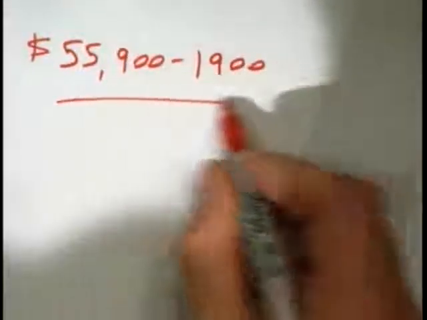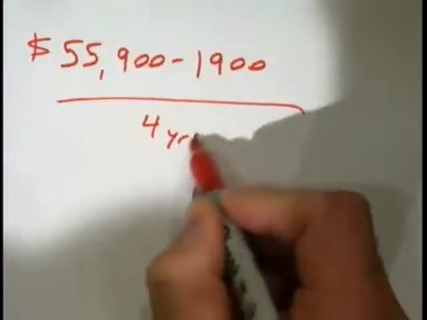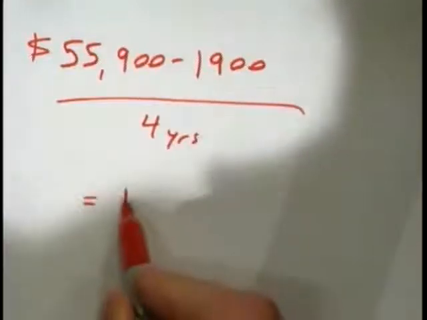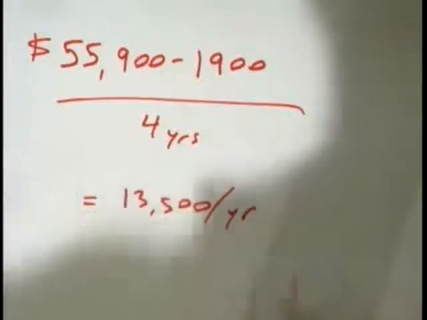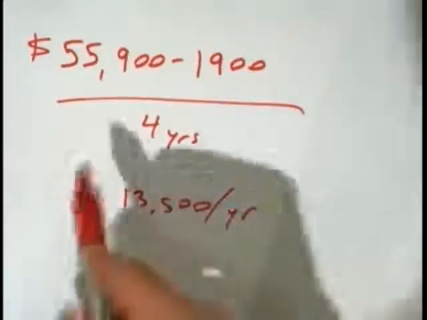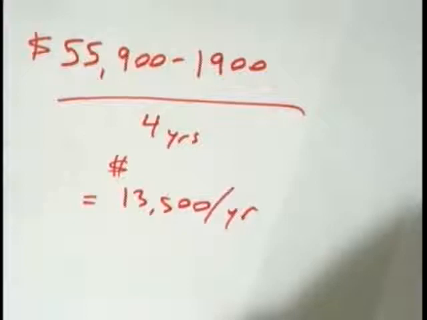And we were originally depreciating this over 4 years, is that correct? So we were depreciating $13,500 per year. Is that correct? Now, this is the beginning of the second year that we make this change, so we've only depreciated 1 year, right? Okay.